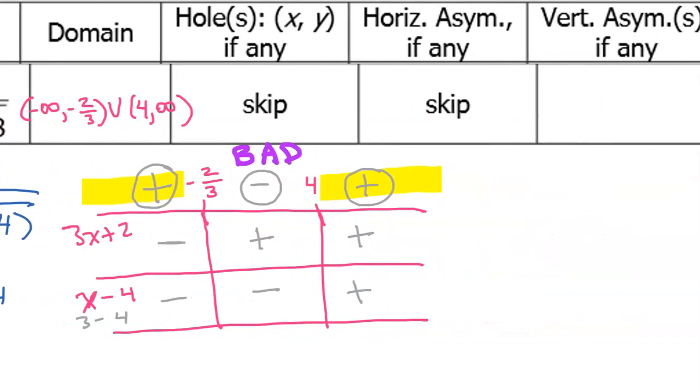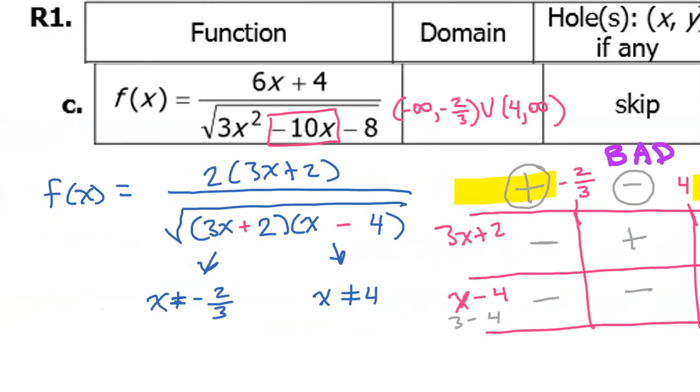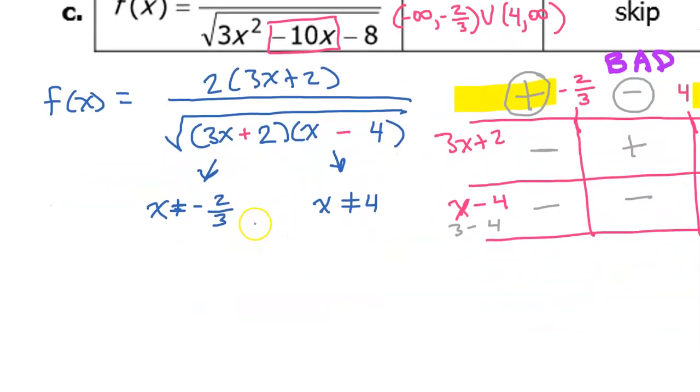We still need to find the vertical asymptotes if there are any, but it's a little bit hard to see what's going on. I'm noticing that we have this common factor of 3x plus 2, and I'm tempted to maybe cancel these out or something, except for the fact that one of them is under a radical, so you can't just cancel them out. So what can we do?